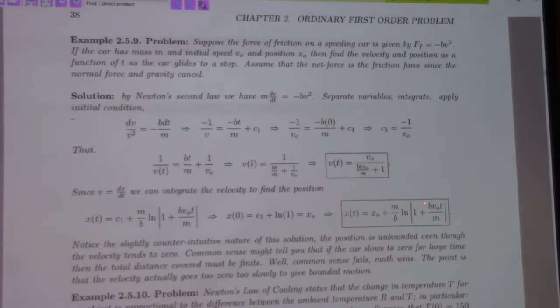As time goes to infinity, we get log of infinity, which is infinity. So this is a funny thing, right? The position is unbounded, even though the velocity is going to 0. The position is getting really, really big, but it's doing it slower and slower, but not so slow that it ever stops. That's calculus.